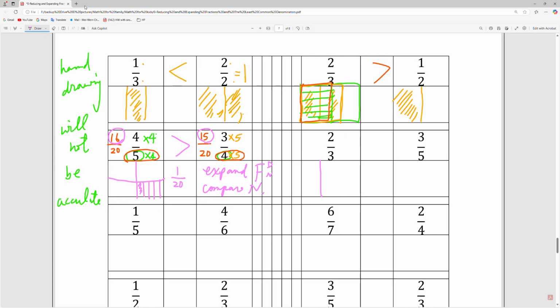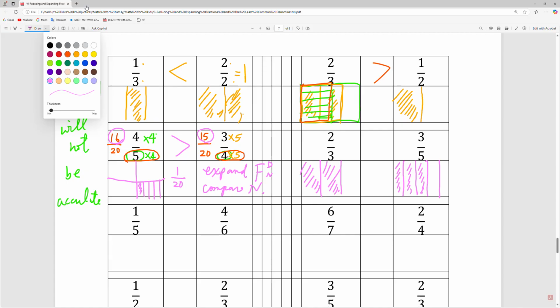So cut in 3 pieces, and I shade the 2. And the 5, and I choose 3. 1, 2, 3. Again, it will be very close, but let me try to draw 5.